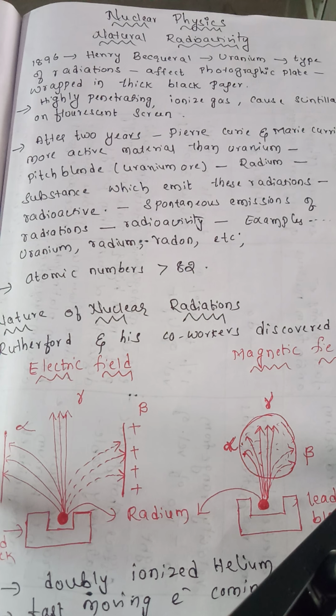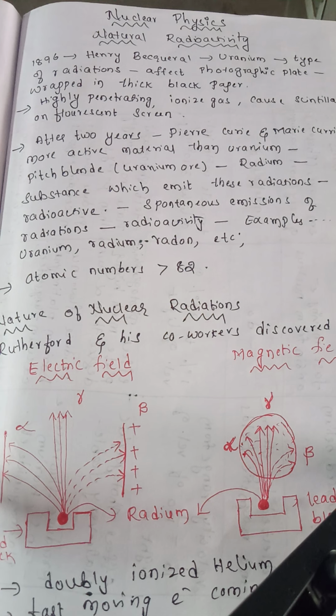Since alpha particles are positively charged, when they move towards this concentrated area of protons, they bounce back. That bouncing back clearly showed that all the protons concentrate at one particular point, and that he named the nucleus.